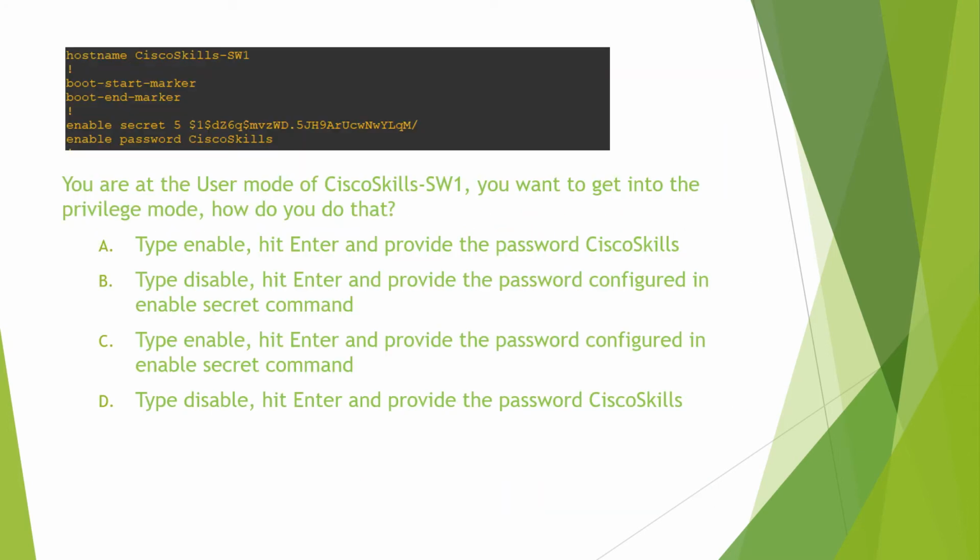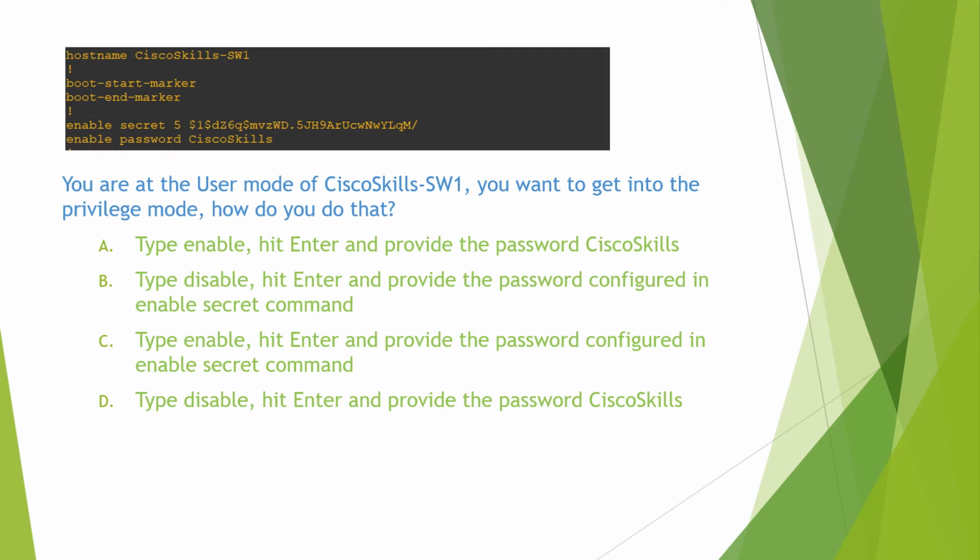The question reads, you are at the user mode of Cisco Skills Switch 1. You want to get into the privilege mode. How do you do that? As you know, in order to get into the privilege mode from the user mode, you need to issue the command enable, then hit enter. In this case, the switch has been configured with both the enable secret and enable password commands.